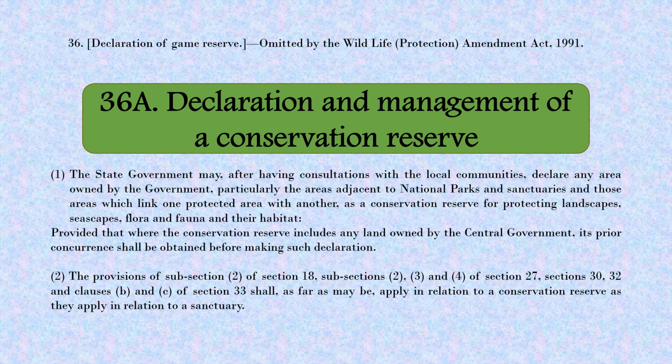So here, the state government, after communicating with the local people, can declare any area owned by the government, maybe adjacent to national parks or sanctuaries, or those areas which are linked to some protected areas, as a conservation reserve. And this is done to protect the flora, fauna, and the environment and their habitat.